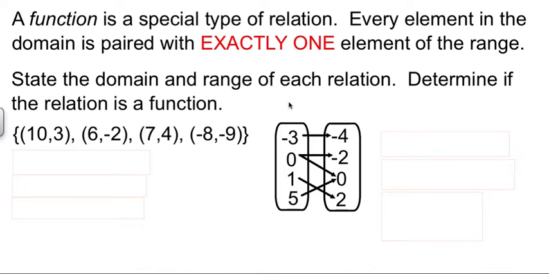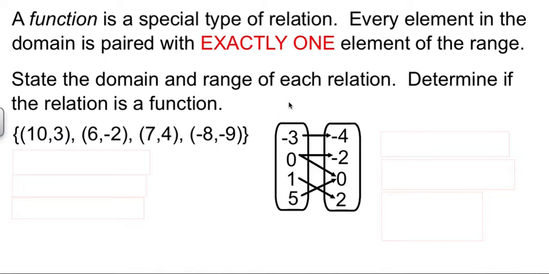You, the students, are the members of the domain, and the chairs are the members of the range. Every student has a spot. We don't put 2 people in one chair. So that would be a function.